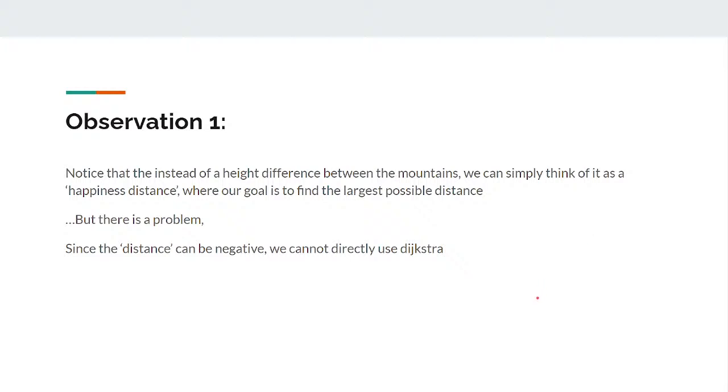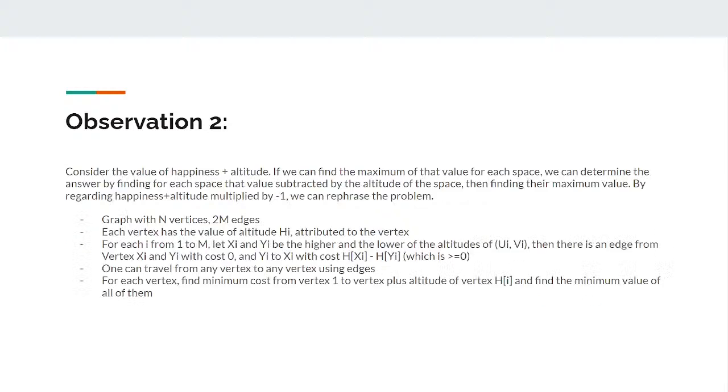So we need to make sure that we don't have any negative edges. Instead of just taking the happiness, we can take the happiness plus the altitude. From the question, we know that if the altitude decreases, the happiness increases with an equal magnitude. So in the end, this total value, happiness plus altitude, is still the same. There's no change.